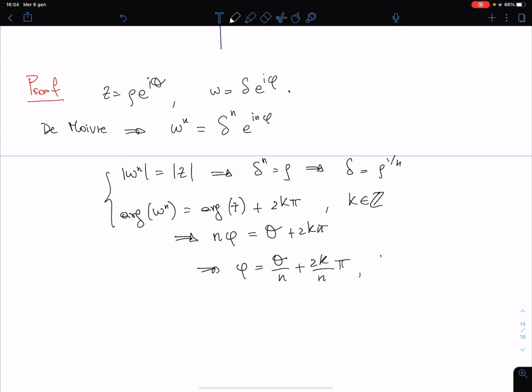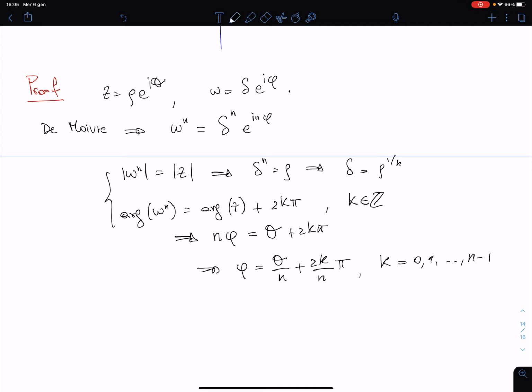Of course k varies in Z, but when you saturate up to the n minus 1 step, and then you go to the n's, you just repeat it. Okay, if k is equal to n, then here you have 2 pi, so you are repeating the same things.